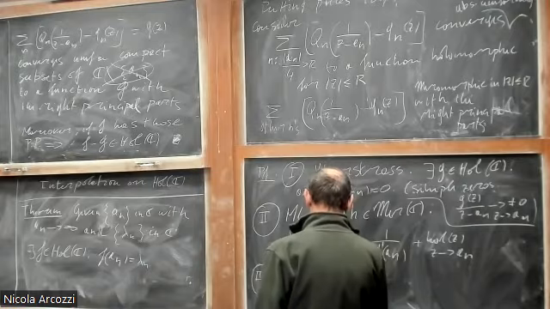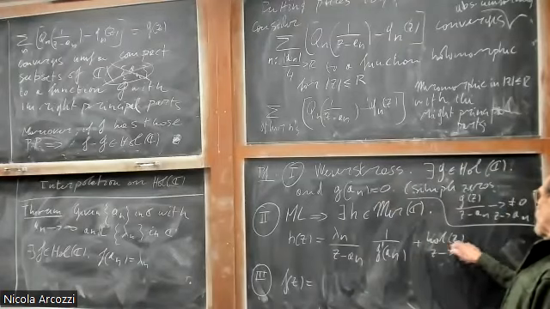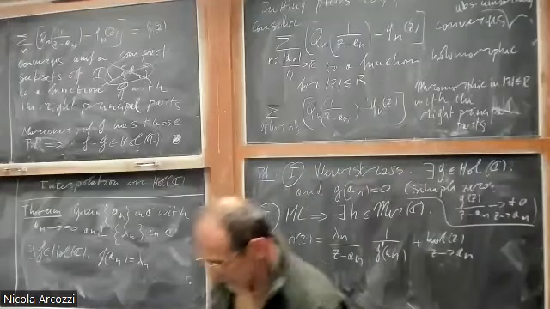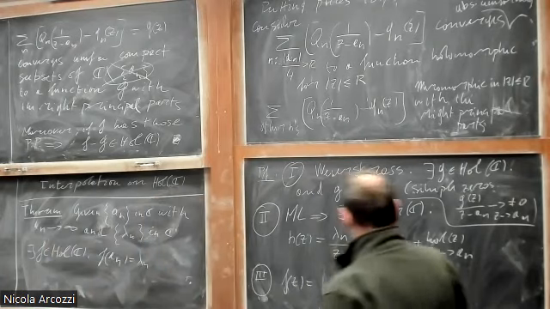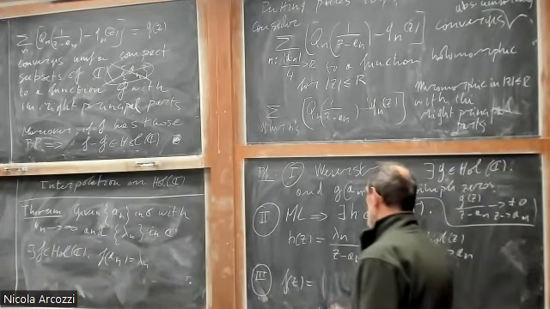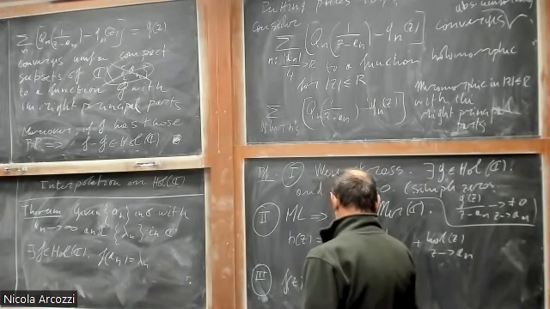G of z, plus a holomorphic function of z. And this is 1 over g prime an. Right. And then I define f of z to be the product of these things.